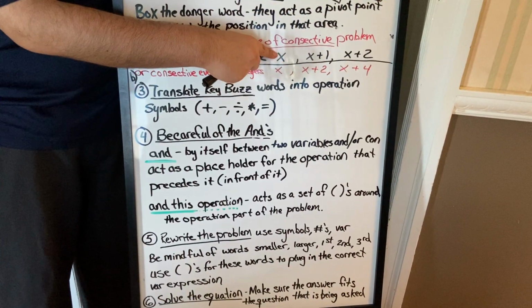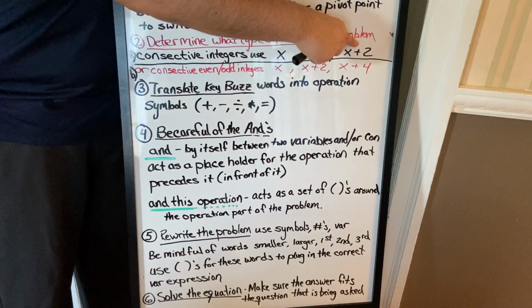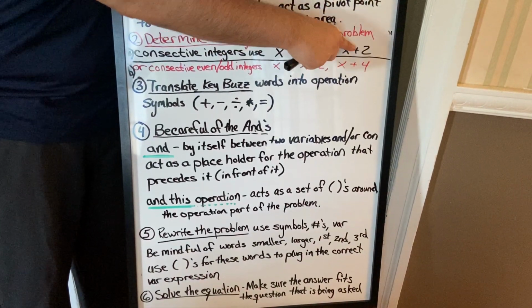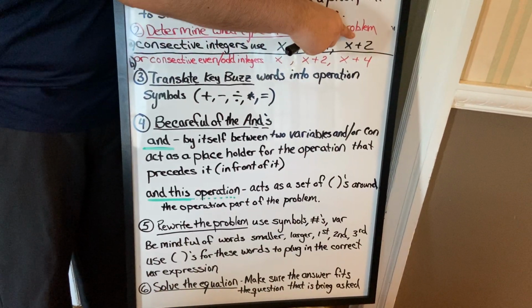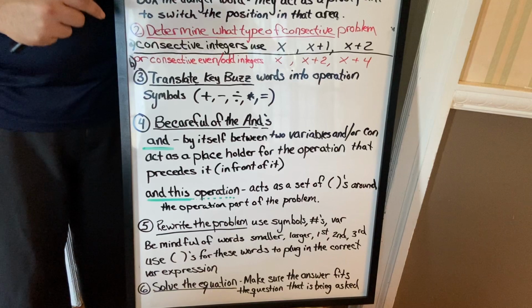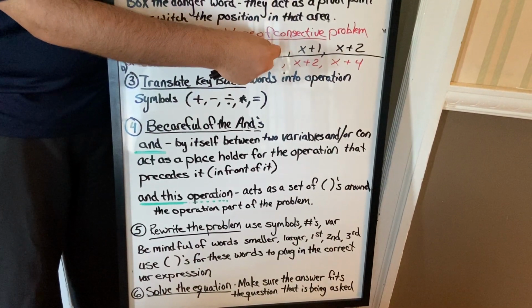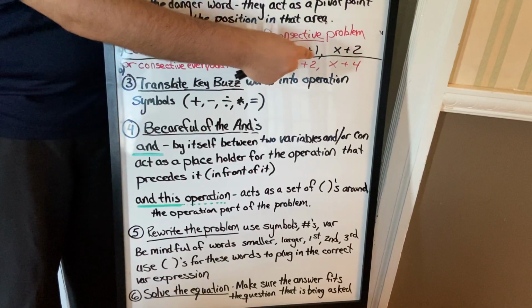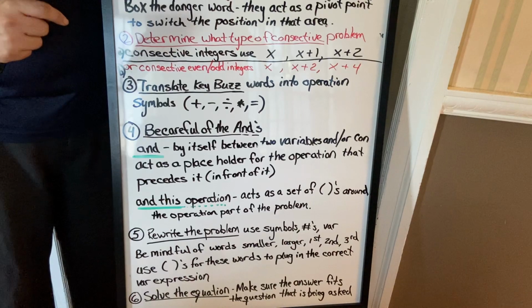Because this is like 11, add 1, that's how you get 12. And to get this one, notice it says x plus 2. Take the original number, 11, and add 2. And then that's how you get 13. So you can see each gap increases by 1. See, 0 plus 1 plus 2. It's just increasing by 1.